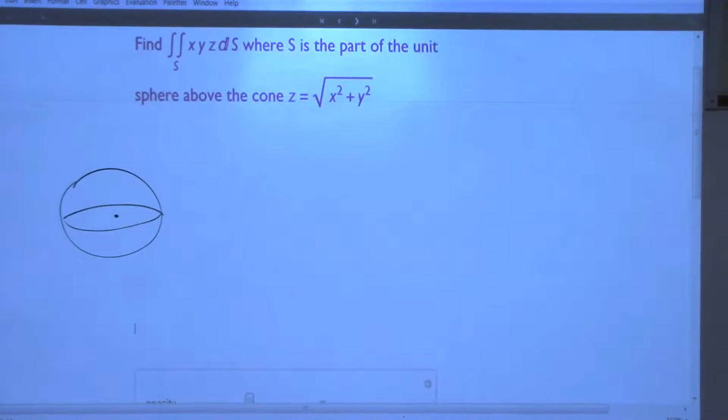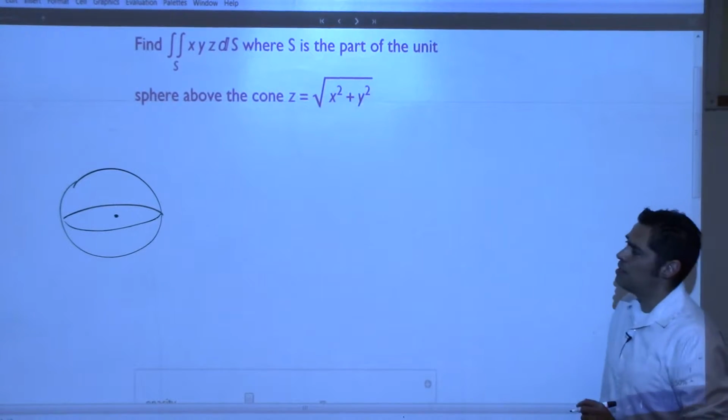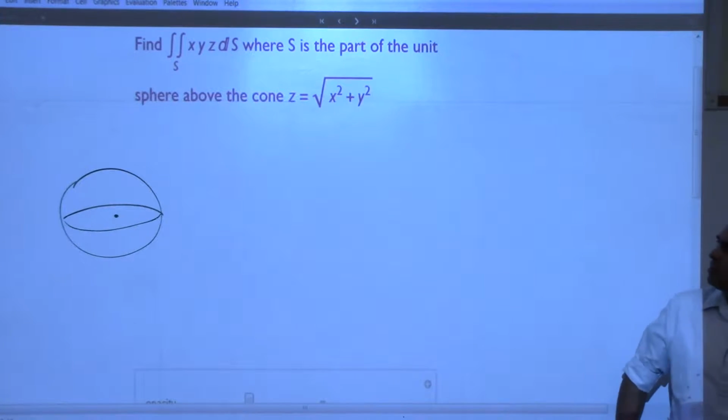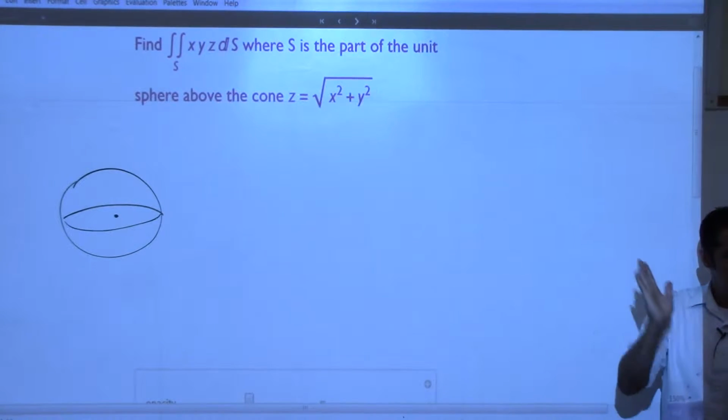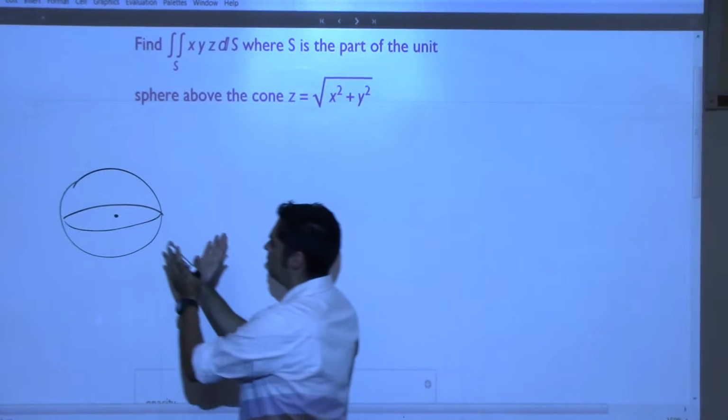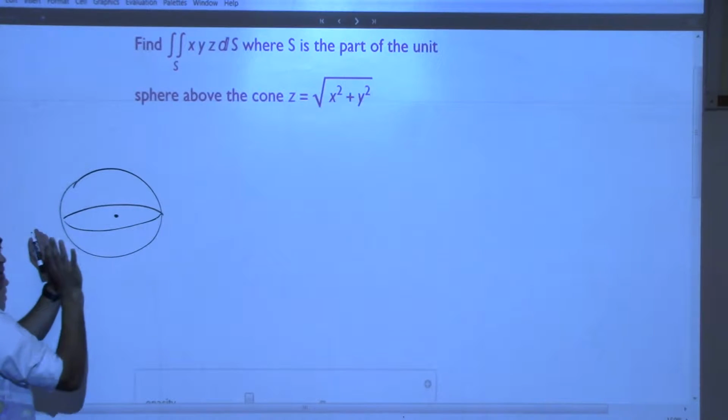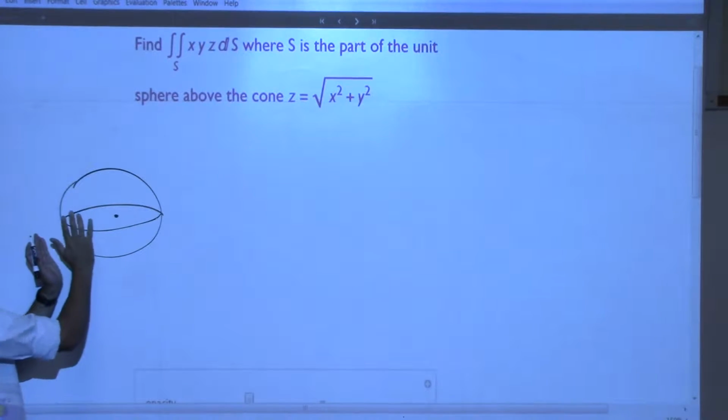Now you have to remember what that looks like when we studied these way back in chapter 10. I can get some points pretty quickly if I let x and y be 0, z is 0, right? So the origin there. And then what if y is 0? This turns into z equals x, or the absolute value of x, right? Which would look like a V. So when y is 0, you're looking at the xz plane.